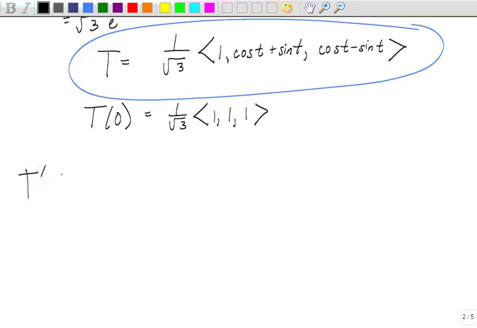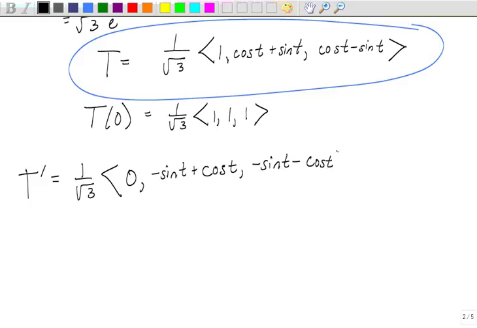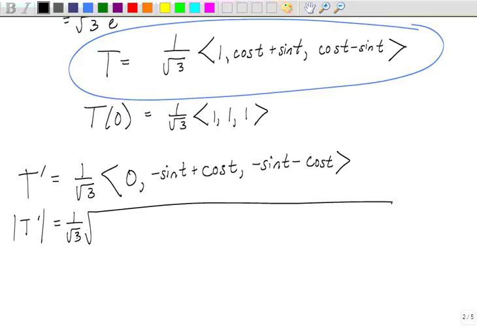T prime is going to be 1 over the square root of 3, 0, minus sine t plus cosine t, minus sine t minus cosine t. So the magnitude of that is square root. Again, I bring that out because I'll square it and then take the square root of 0 squared plus square this.